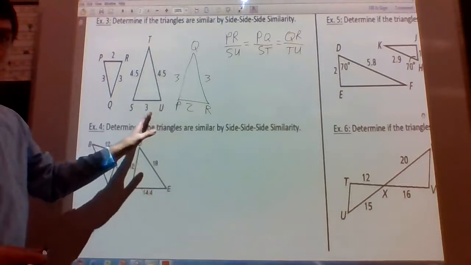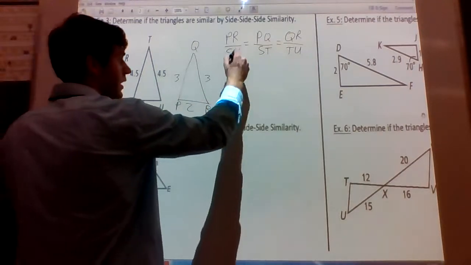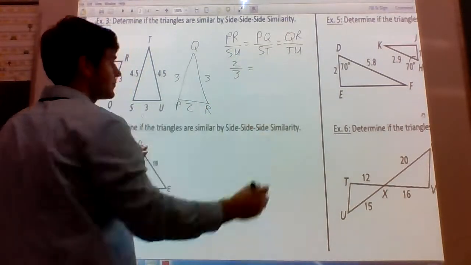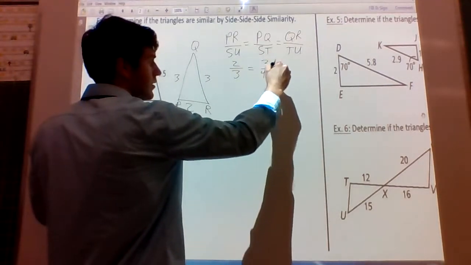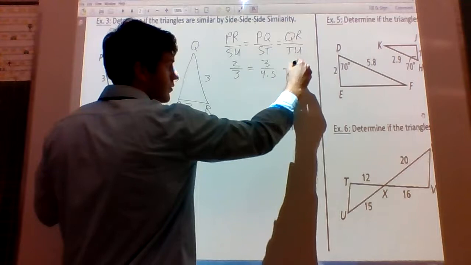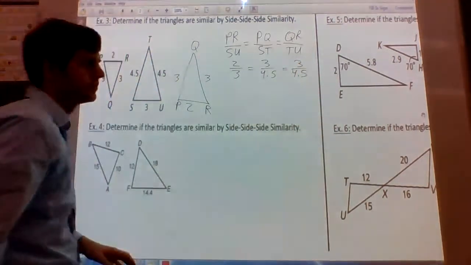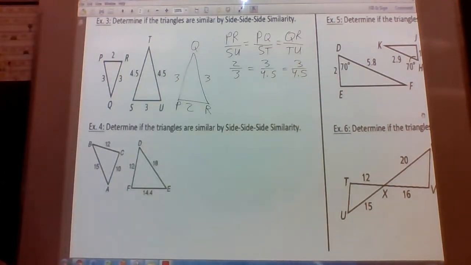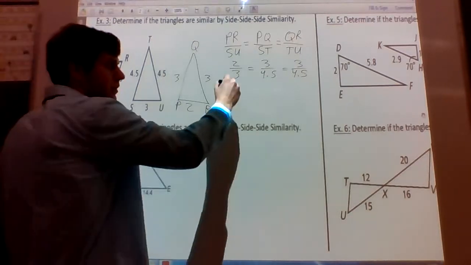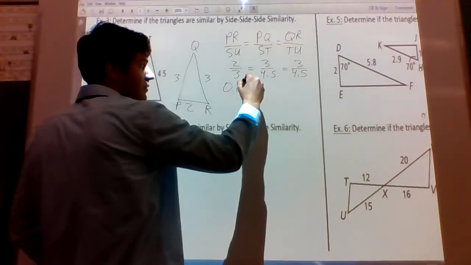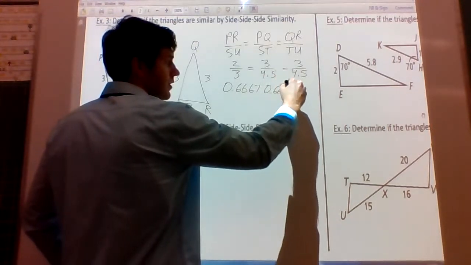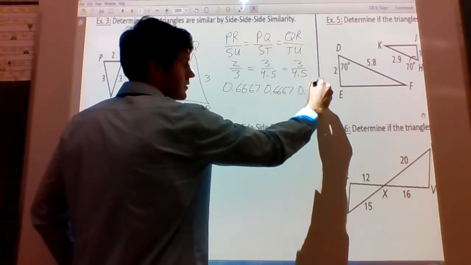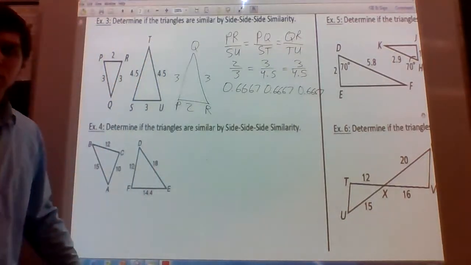Okay, let's substitute in the numbers. So PR is 2, SU is 3. Here we get 3 over 4.5, and then we get 3 over 4.5 again. If you plug those all into your calculator, you're going to get 0.6667 for each.